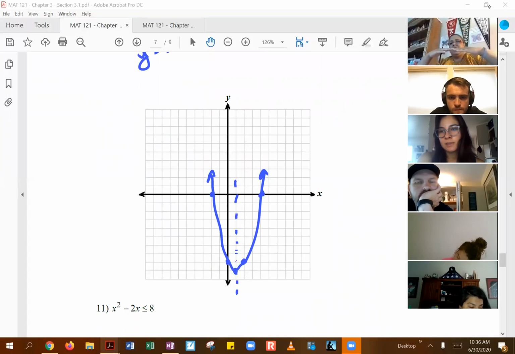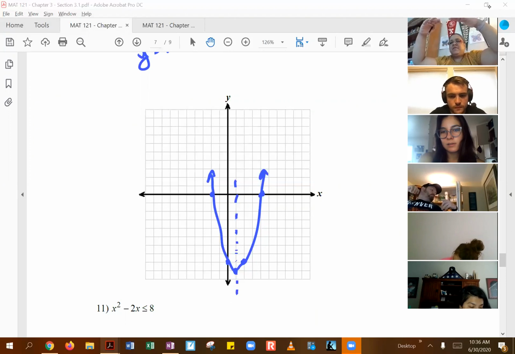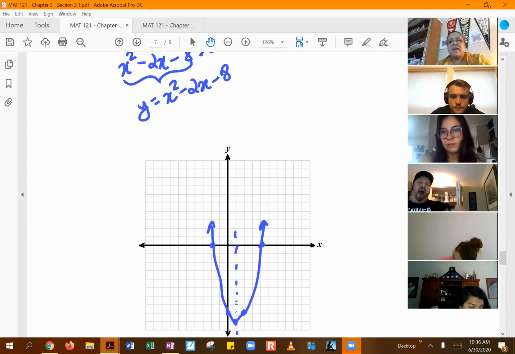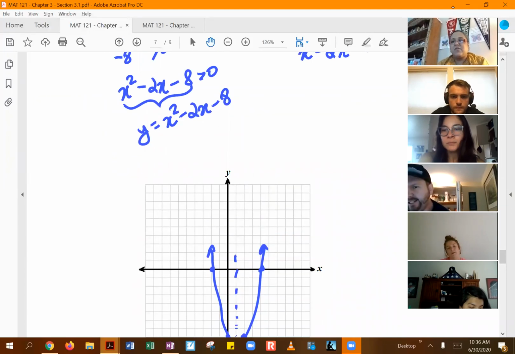Because remember, if you look at the graph, right at the x-axis, our y values are 0. Below the x-axis, the y values are negative. Above the x-axis, the y values are positive. And they are definitely asking us, where is this function going to be greater than 0, right? The y value is positive. So what intervals would those look like?